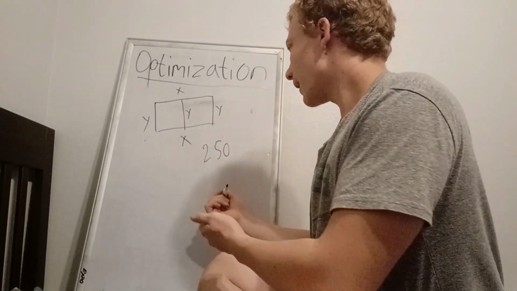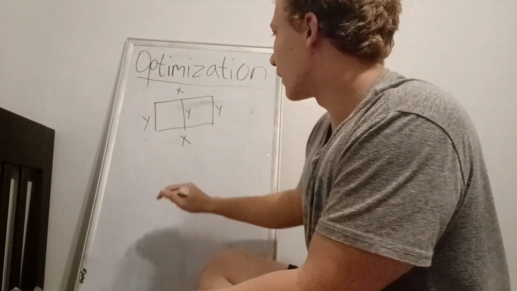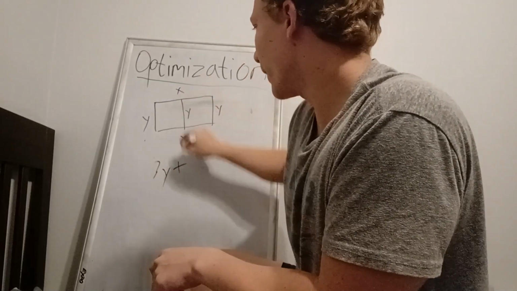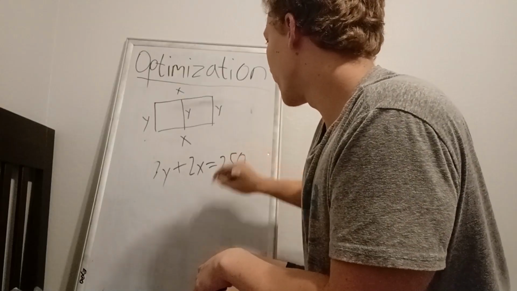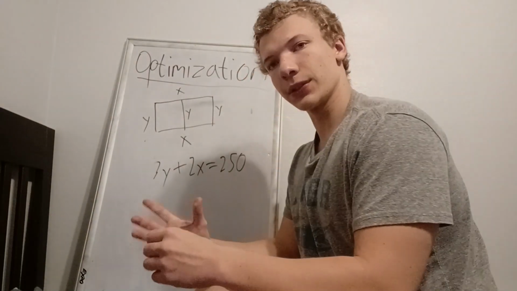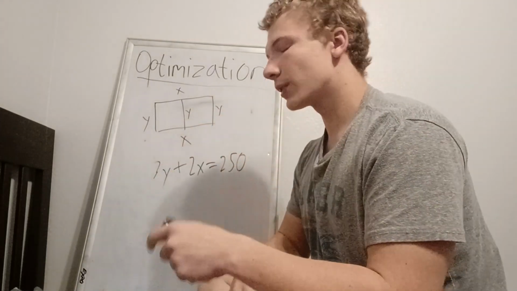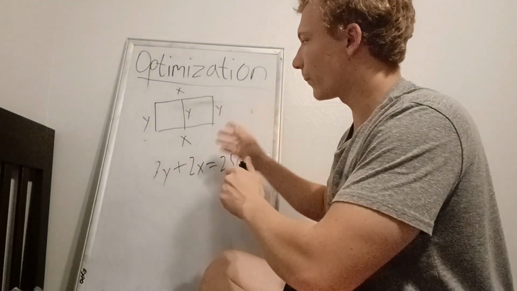So we can say that if the whole fencing is 250, then 3y plus the 2 x's, so 2x, equals 250. Now the problem we want to solve is how can we use this amount of fencing and this format to create the maximum amount of area of space.